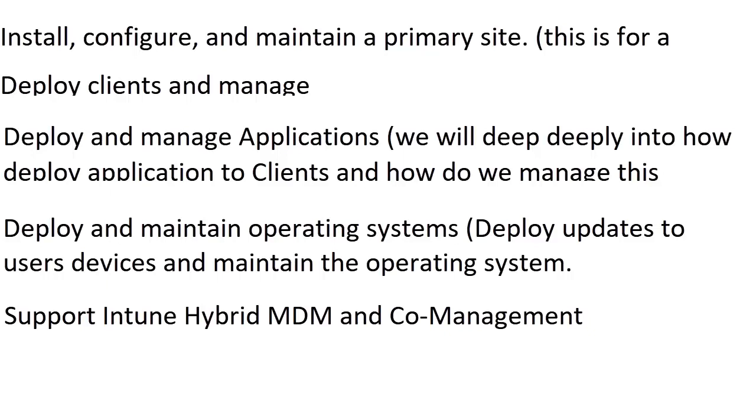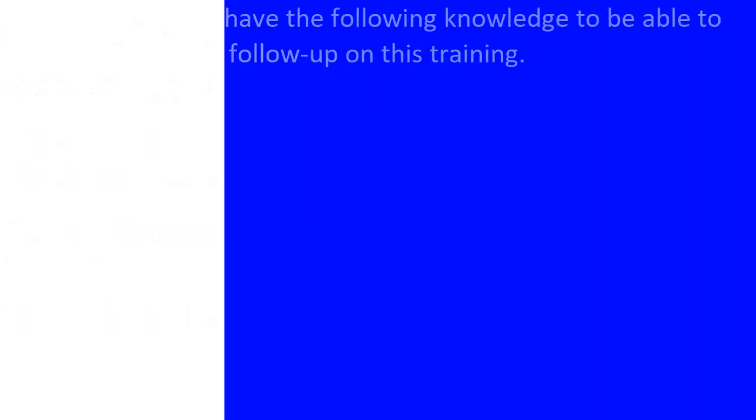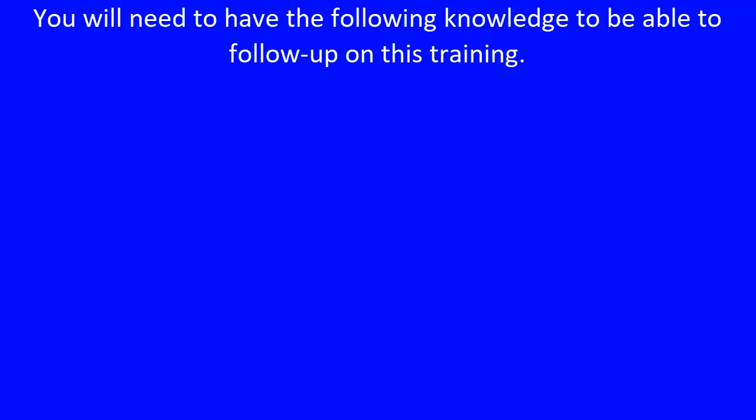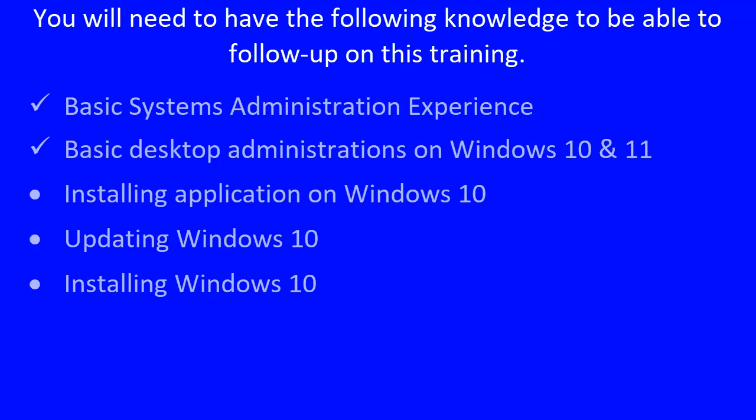To be able to follow along with this series, you will need some basic knowledge of the following. First, some basic system administration experience. Second, some basic desktop administration on Windows 10, Windows 8.1 or now Windows 11.